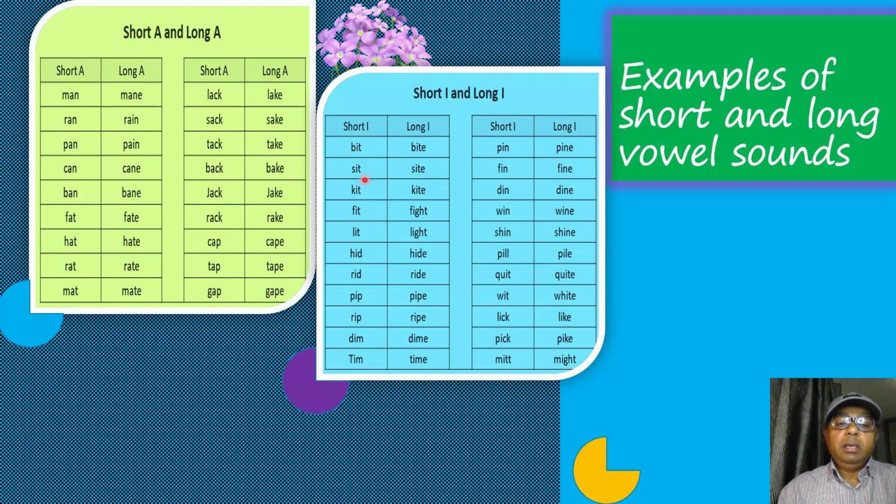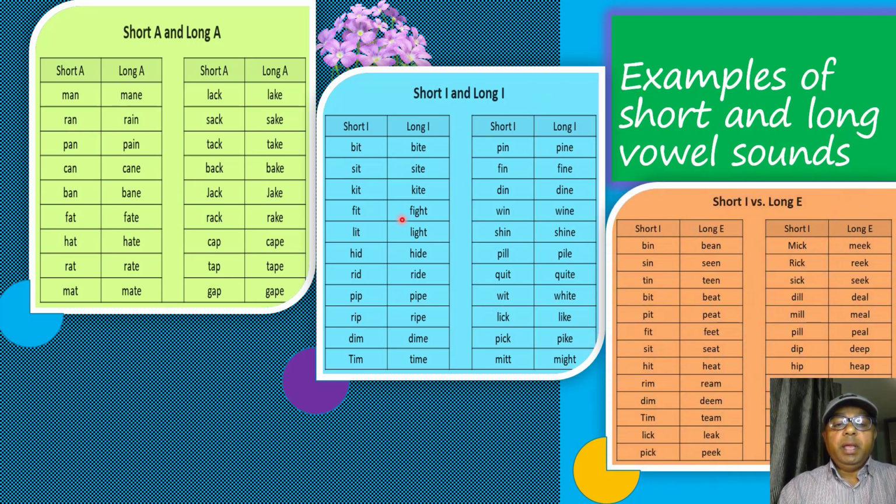As you can see, bit gives only a short I sound, and byte has I and then E at the end, making it a long sound. So there are some more examples. You can pause the video and see whether you can identify the difference between short and long vowel sounds.